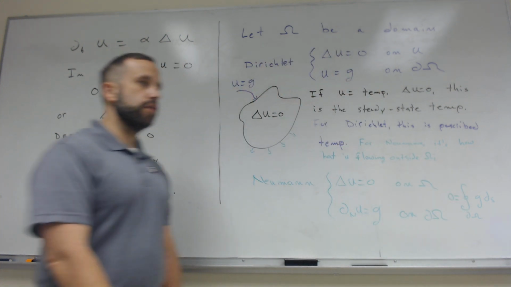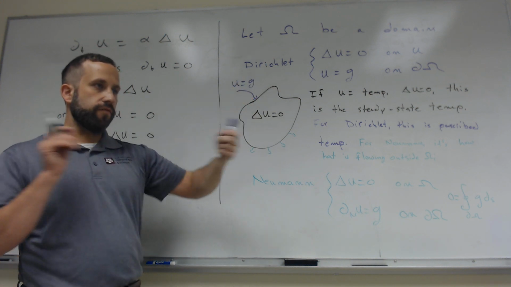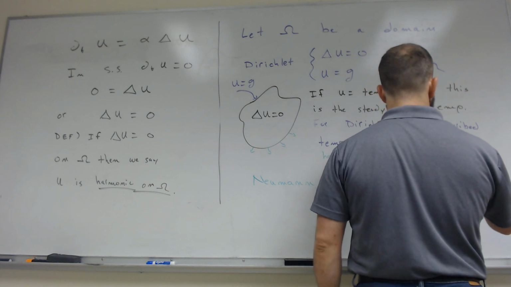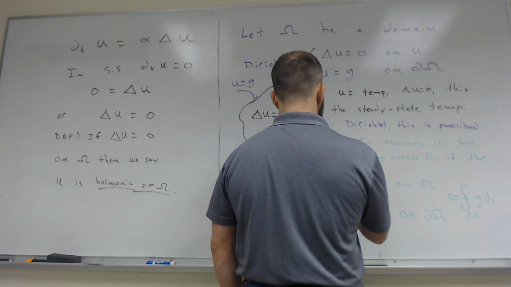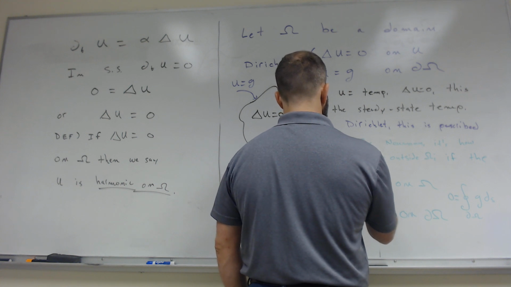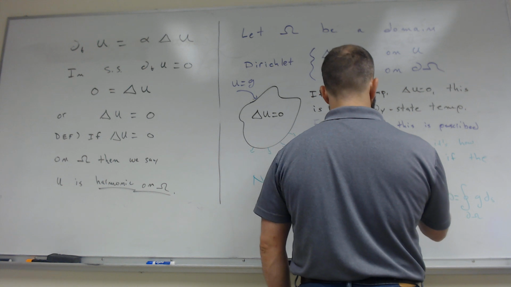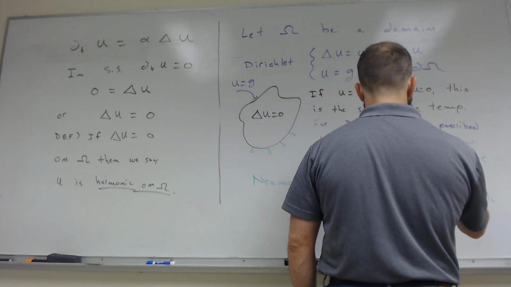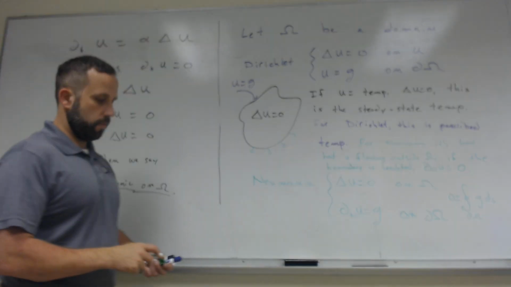Now the particular case is going to be when the boundary is insulated, in which case the flow is 0, the flux is 0. So if the boundary is insulated, this would mean the flux of U across the boundary is equal to 0. In other words, G is equal to 0.